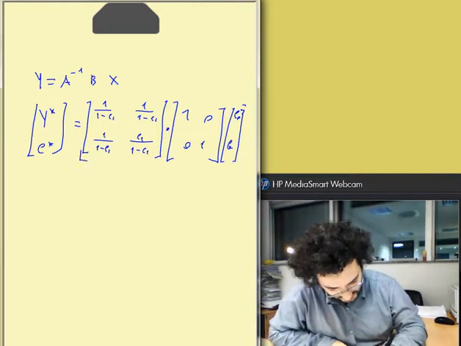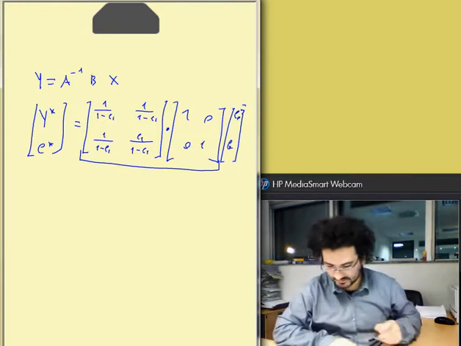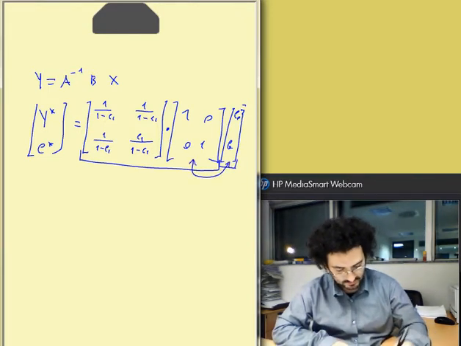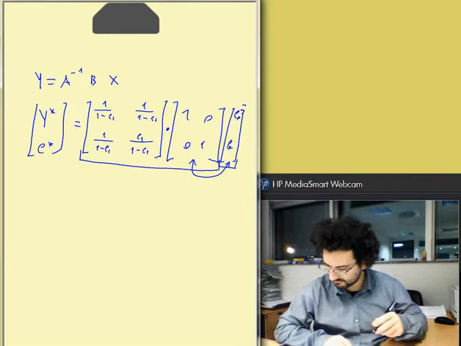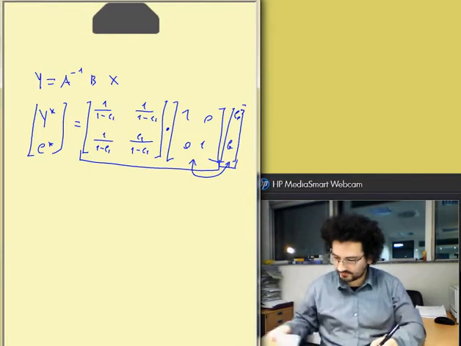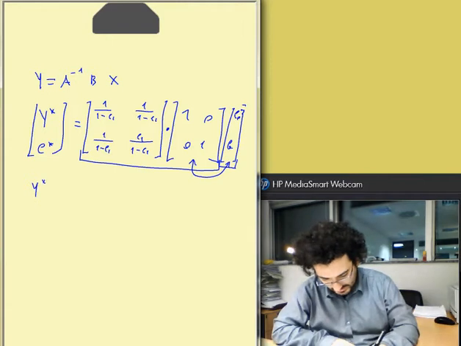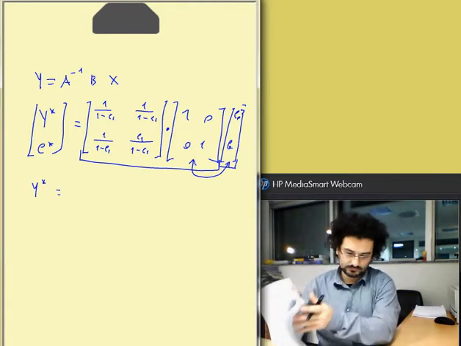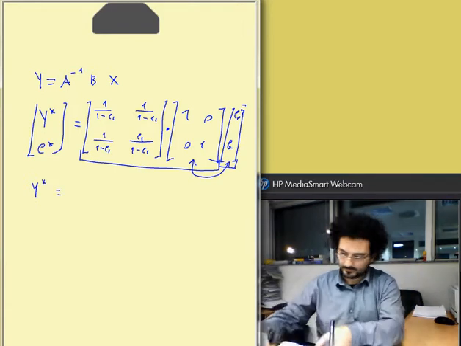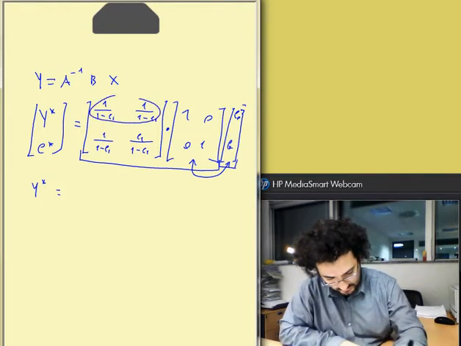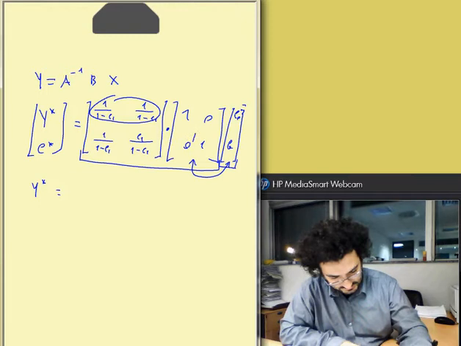Multiply these first two matrices, we get the final solution of our system, and then we can multiply by this, or we can multiply these two matrices and then we can multiply by the first matrix. The final solution of this system will be y star equal to, multiply this first row by this first column.